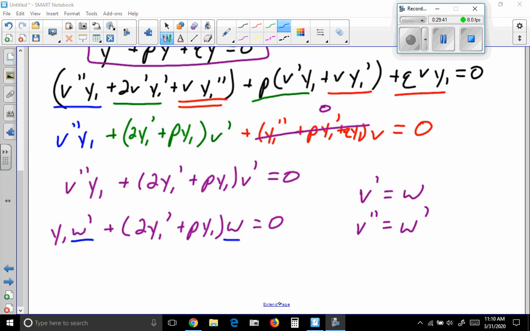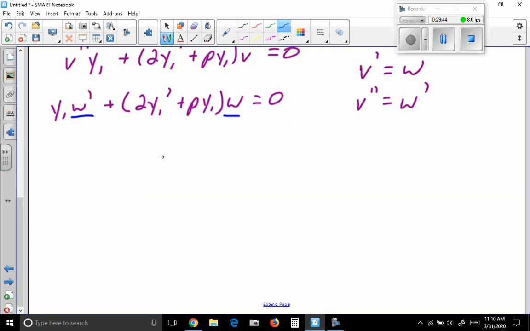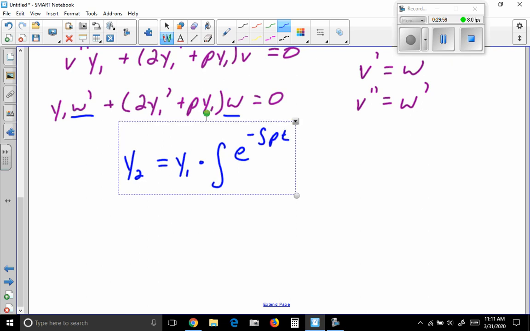Without showing all the rest of the painful steps, it turns out that our second solution comes from taking the first solution times the integral of e to the negative integral of p of t dt, over y1 of t squared, dt. This is y1 of t. So this top part should look familiar. This is our special integrating factor when we had first order differential equations in the beginning.